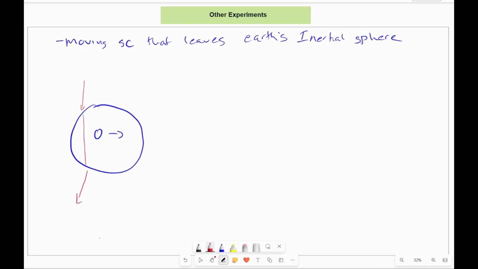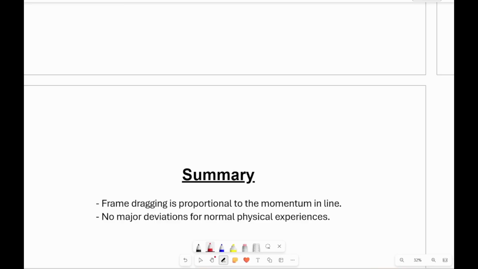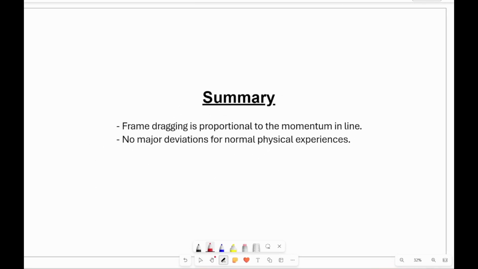And I'm sure there's a lot of other ideas that we could do. But if anybody has any other thoughts, I will try to write them down and we can make note of them later. And so that basically sums it up. The whole summary here is basically frame dragging is proportional to the momentum in line. And so that's why the Earth can drag the space-time particles around it, but why we don't see rotational momentum dragging our space-time particles.